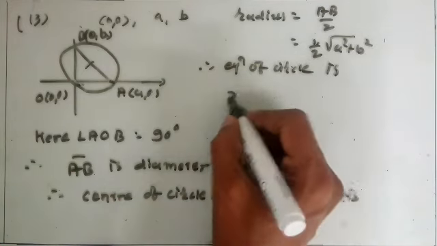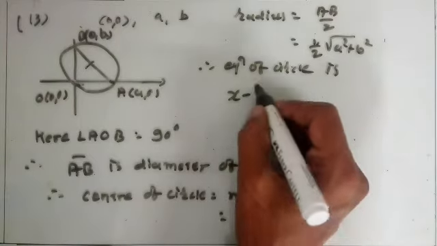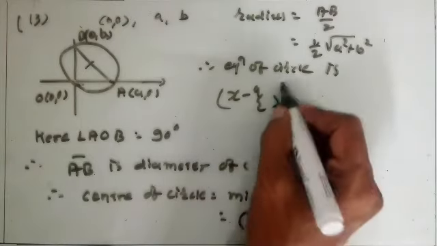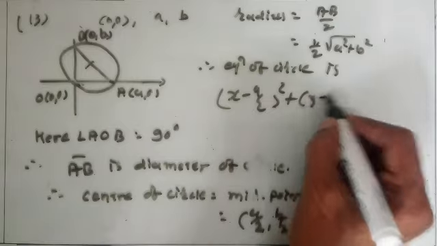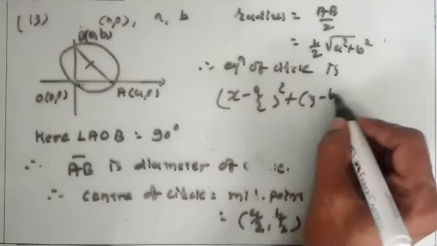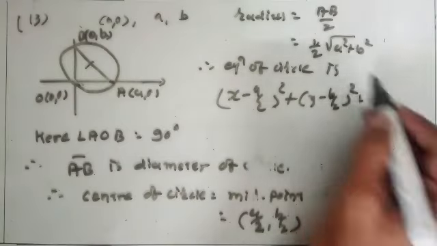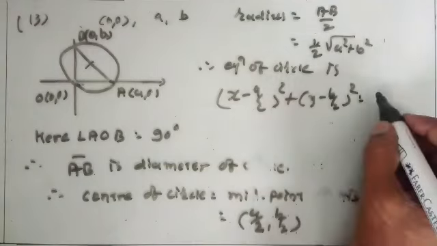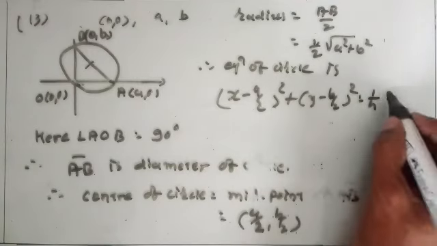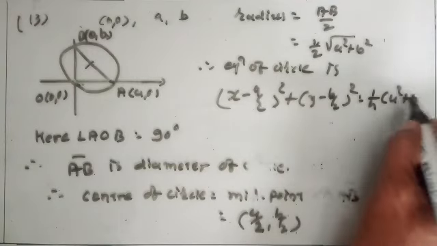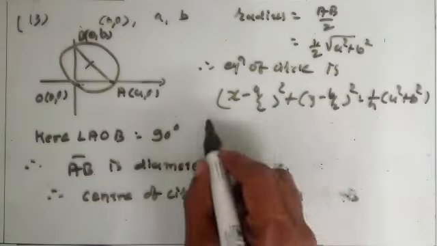So the equation of the circle is (x minus a by 2) raised to 2 plus (y minus b by 2) raised to 2 is equal to the radius square, that is 1 by 4 (a square plus b square). Clear? Now simplify this.